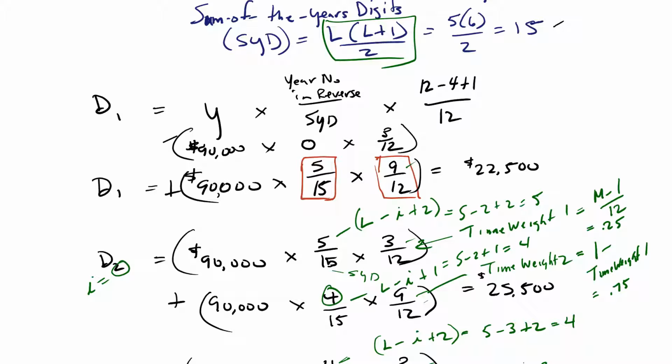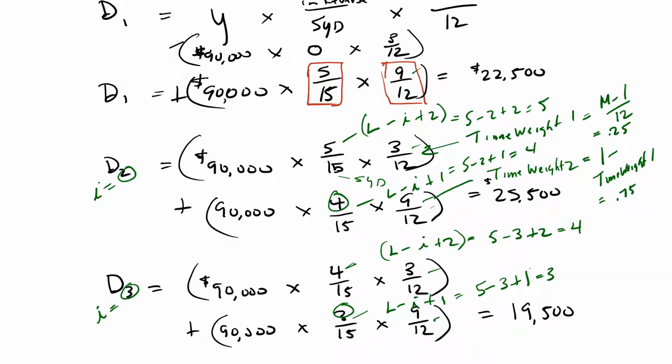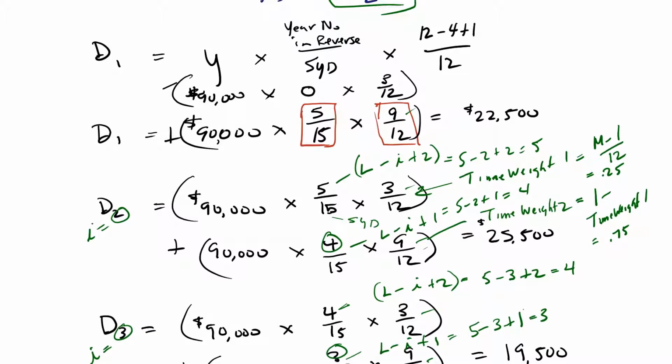So for each year we've effectively got 2 SYD fractions that we want to use, and we might call them SYD fraction 1 and SYD fraction 2. We've got the formula for the first one, the numerator divided by SYD.